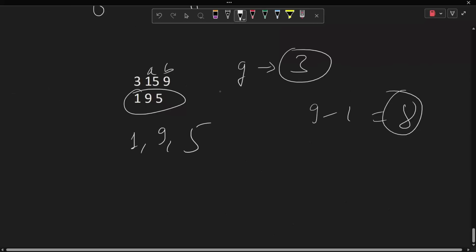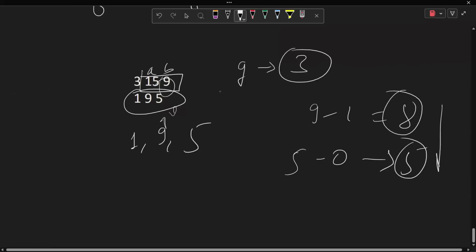By just using operations of 9, I could reduce my range, maybe this 9 becomes 0, then maybe 5 minus 0 was 5. That's the minimum I can get. But by using a combination of both 15 and 9, I can maybe make it something less than this 8 and 5 also. So for the combination of 15 and 9, the GCD was 3.